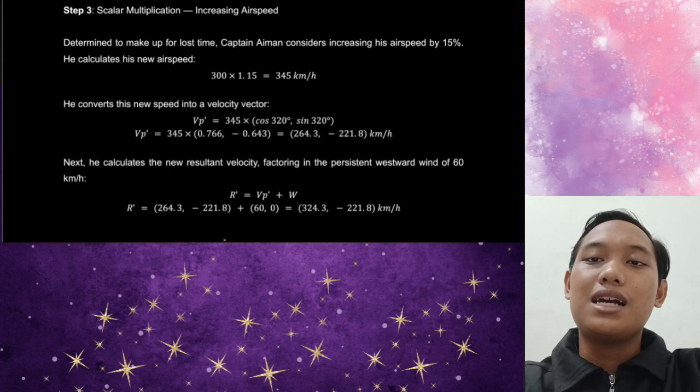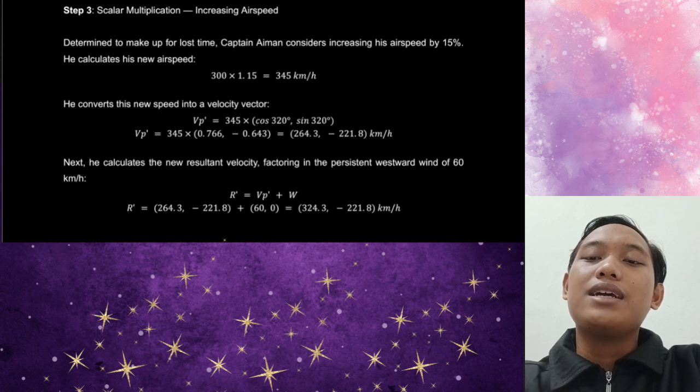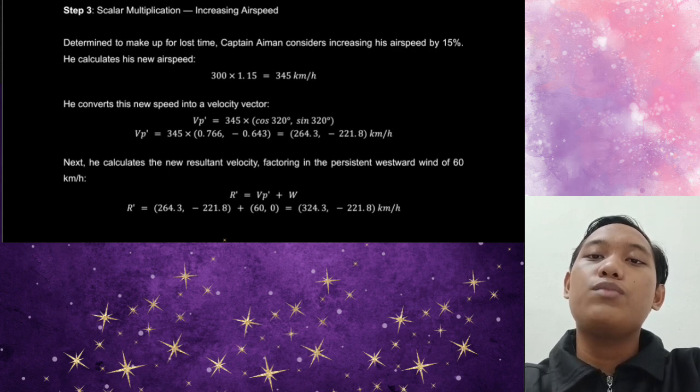Okay, next he calculates the new resultant velocity, factoring in the persistent westward wind of 60 km per hour. This is the formula: R prime equals Vp prime plus W. R prime equals (294.3, negative 221.8) plus (60, 0), which equals (324.3, negative 221.8) km per hour.